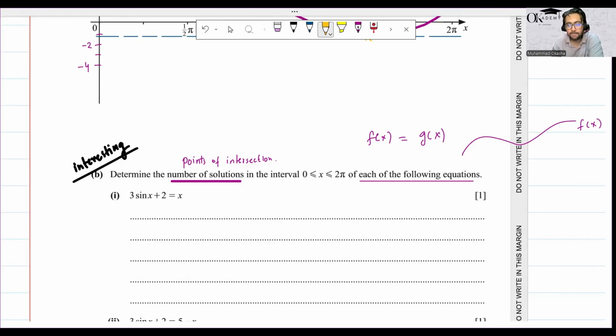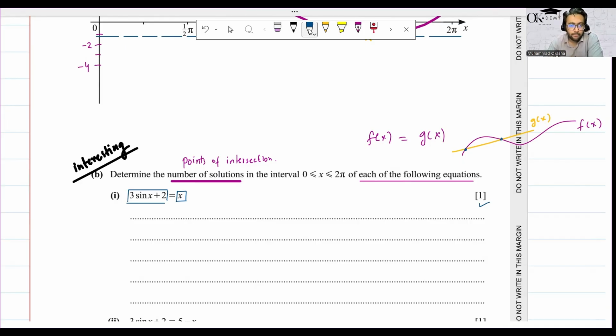How many solutions do they have? You can already tell they have one solution and two solutions. So whenever you're working out the number of solutions, always be on the lookout for this as your first function and this as your second function. Now, notice this is for 1 mark only, so this is just analysis.